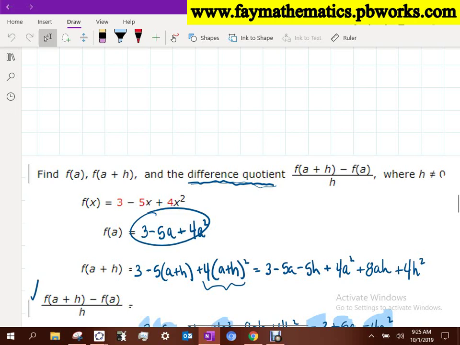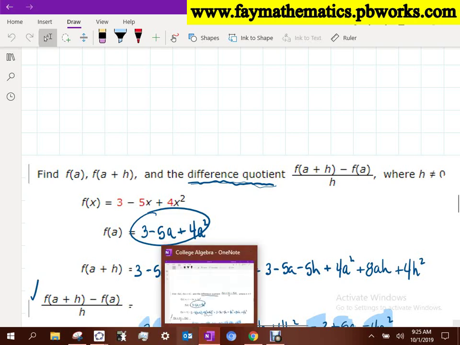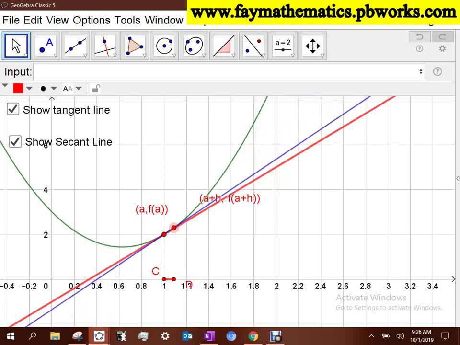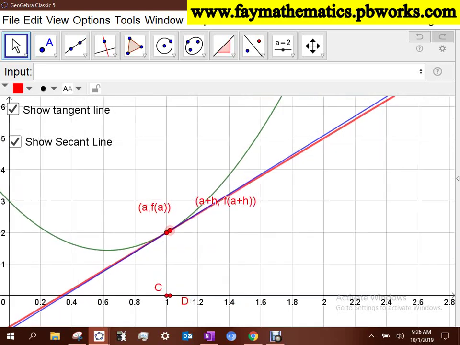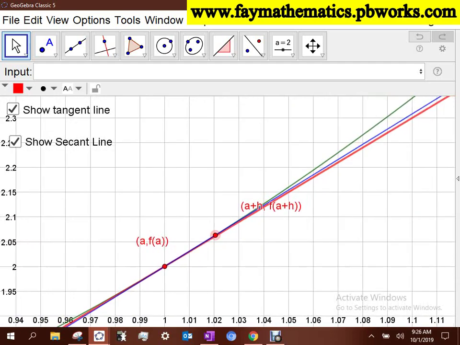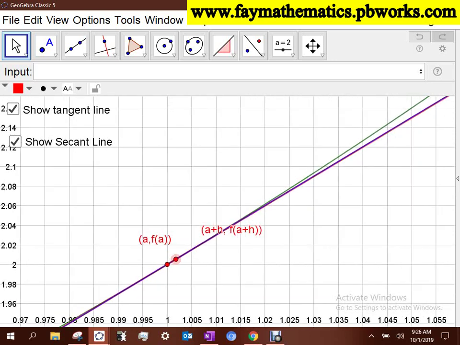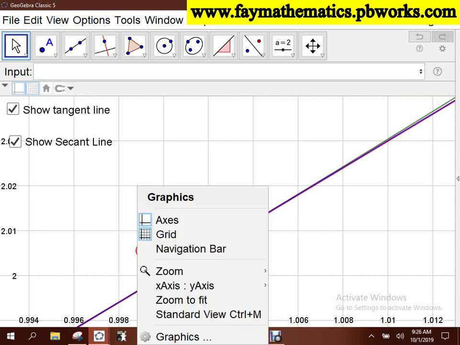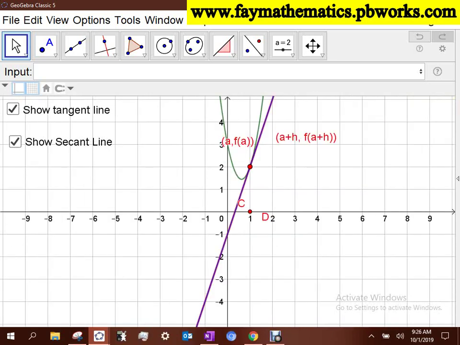Simplified. So, going back to this, if we can make that distance h, so this is the distance h right here, right? If we can make that very, very small, okay? What we talk about in calculus is that we want to make the distance between these 2 points, A and A plus h, what we refer to as infinitely small.